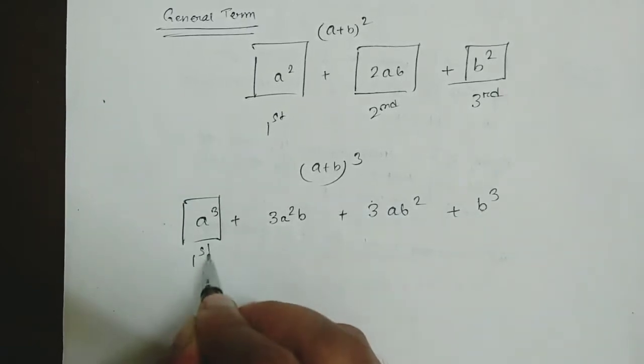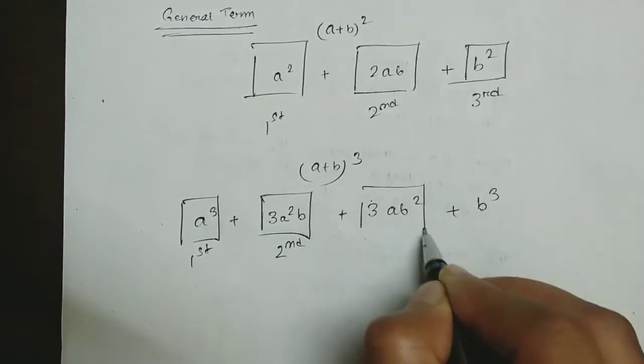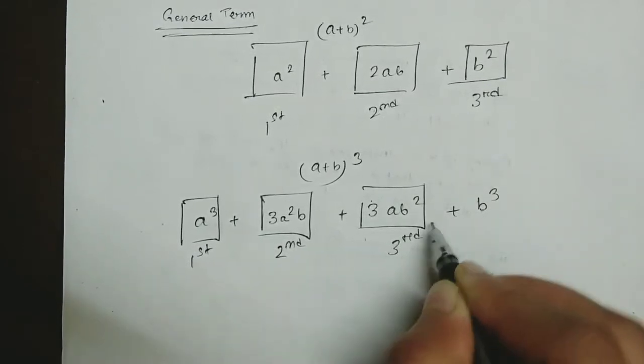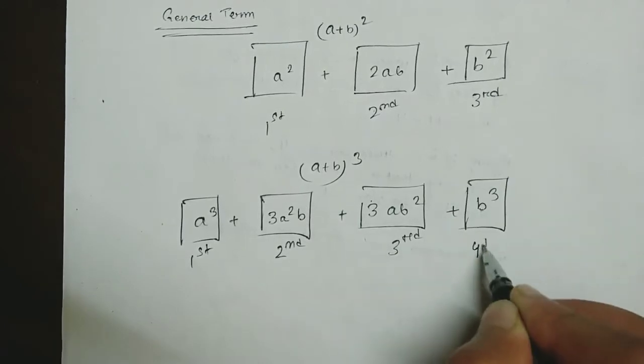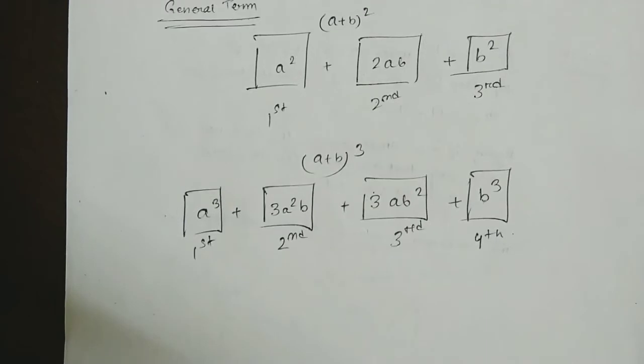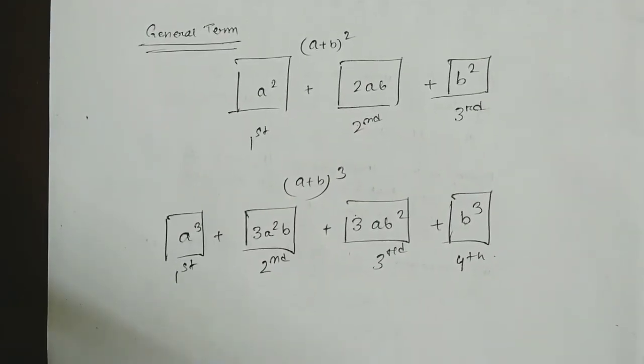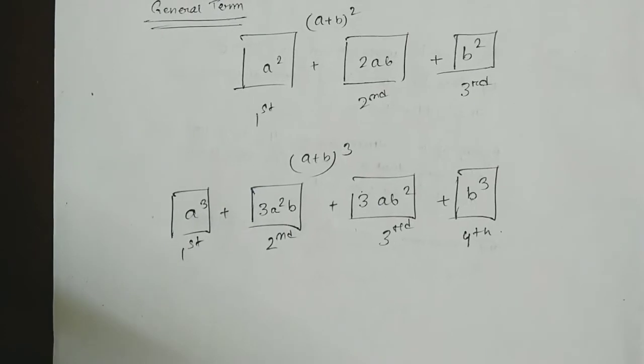So this is the first term, this is the second term, this is the third term, and this is the fourth term. Similarly it keeps on going on. তো এবার আমার প্রশ্ন হলো যে এখান থেকে আমি জেনারেল টার্ম বা আমি টার্মস গুলো কি করে বের করব? Just for example notice this.